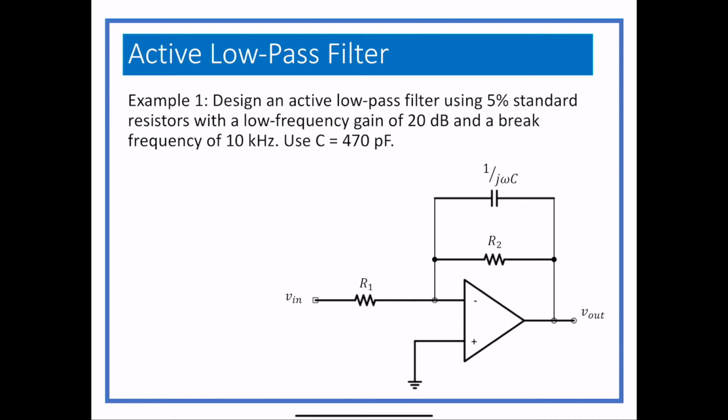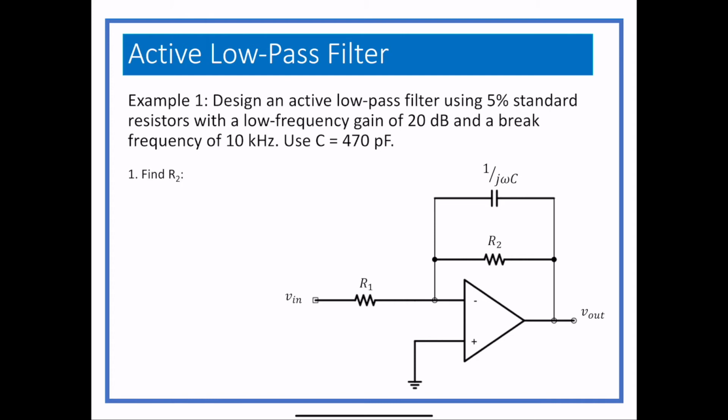We want a low frequency gain of 20 dB, which means that R2 over R1 is going to have to equal 20 dB, and a break frequency of 10 kilohertz, and we are given the value of the capacitor. Almost always when designing active filters, you pick a capacitor and start with that, because capacitors don't come in as many values. They have a wider range as far as their tolerance value, so usually we start with that, then figure out the resistors and get as close as we can.